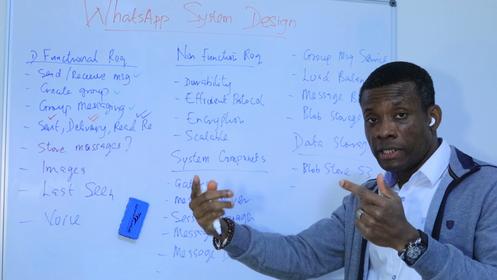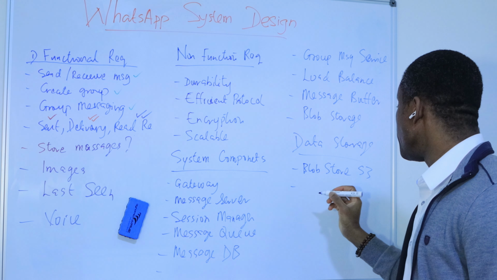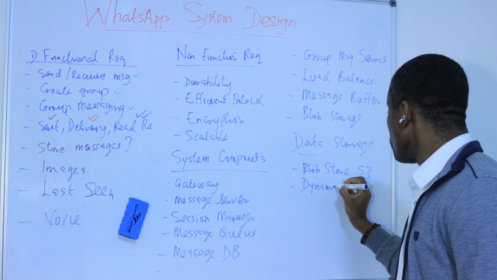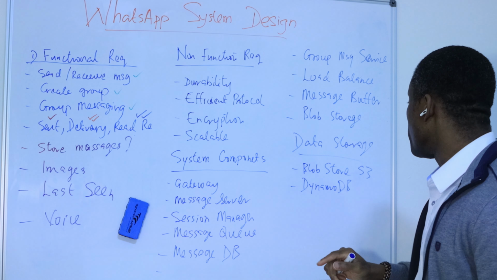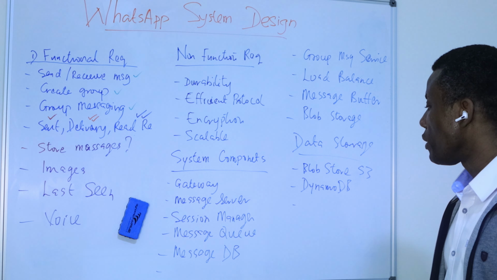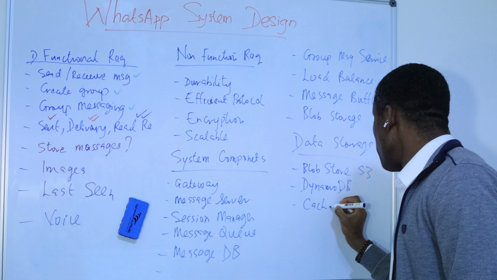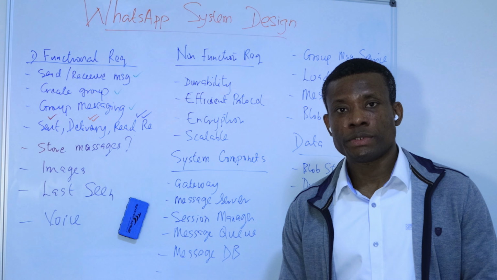So when the receiver is not found, the message is stored there. You can use a key value database, possibly DynamoDB, or maybe MongoDB or something related. And we have a message queue as well. In this case, it can be some kind of cache, implemented to hold the message queues in the client side.